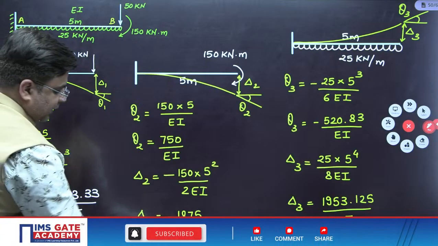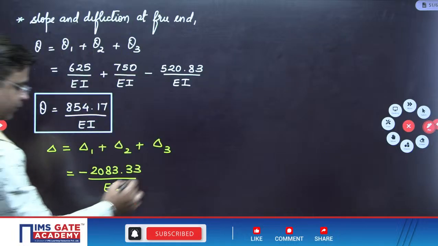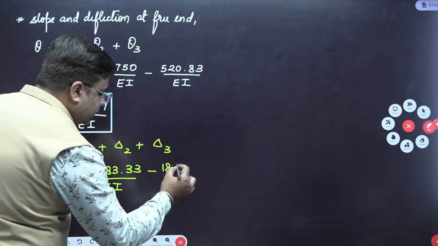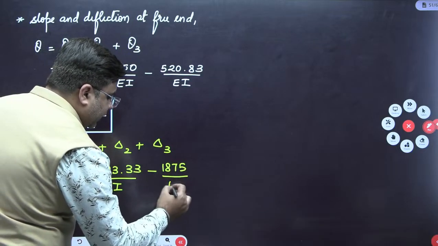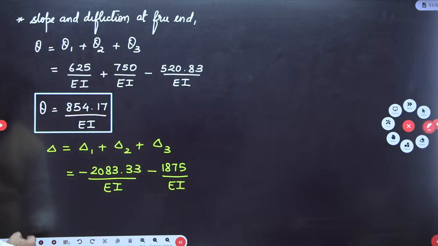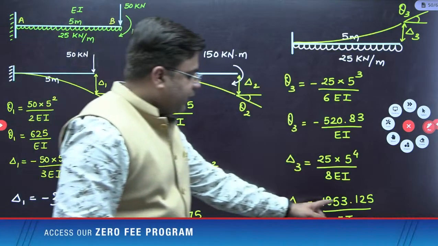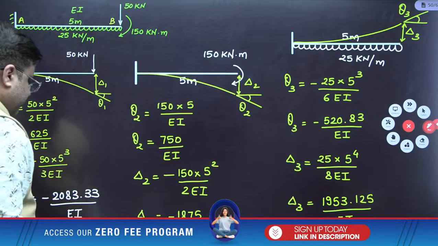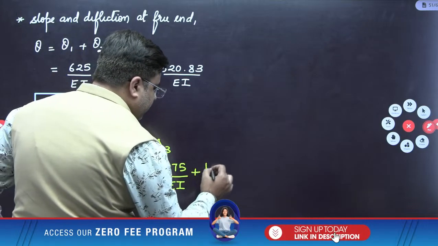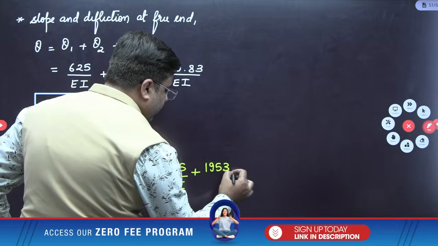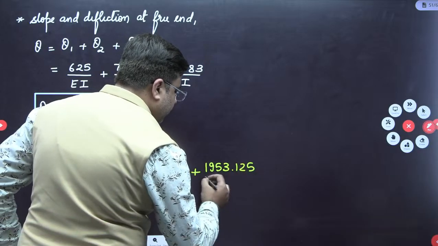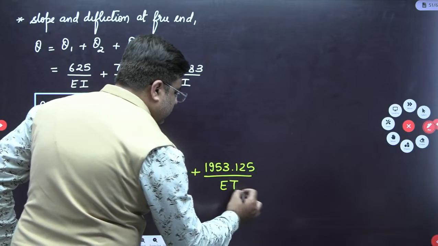Delta 2 is minus 1875 upon EI. And what is the value of delta 3 here? Delta 3 is plus 1953.125 upon EI. Just take the sum.